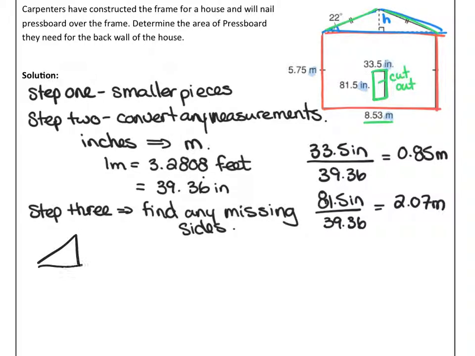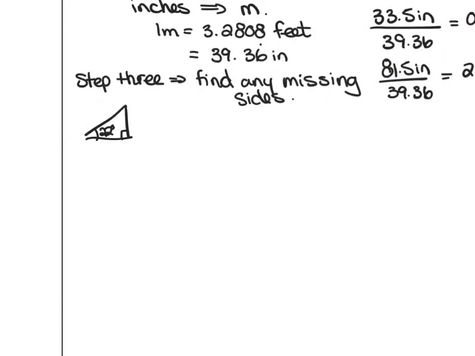It looks like this with 22 degrees. 8.53 divided by 2 gave me 4.265. And we're trying to find the height here, which is actually our opposite. And we have the adjacent.